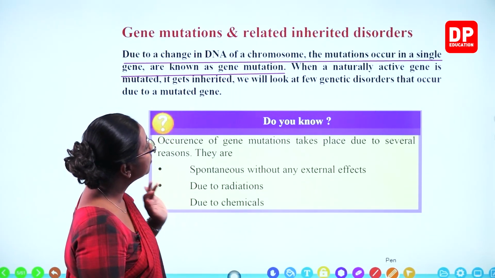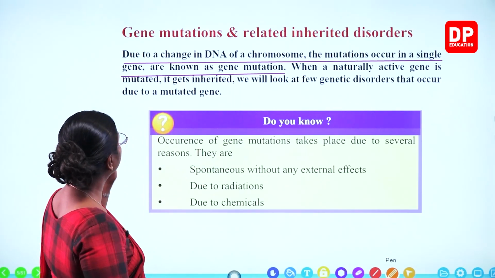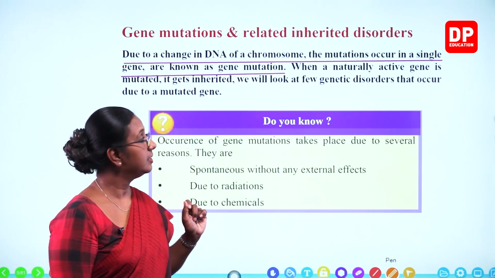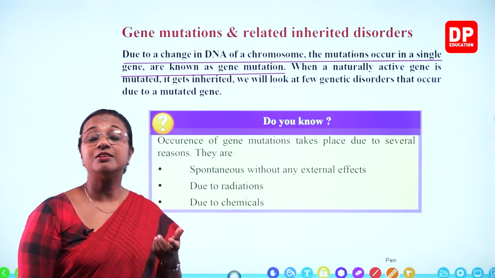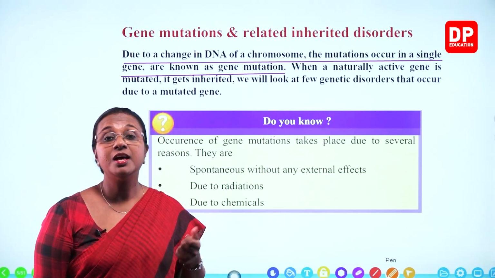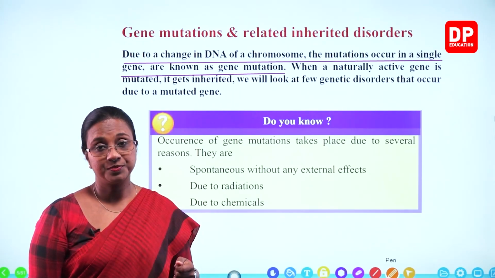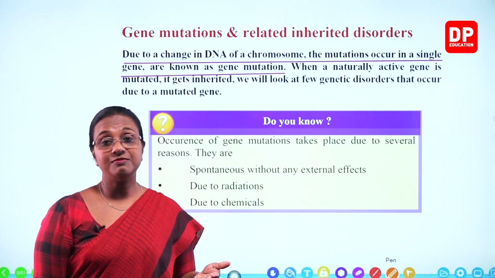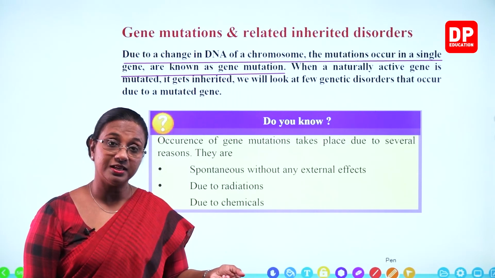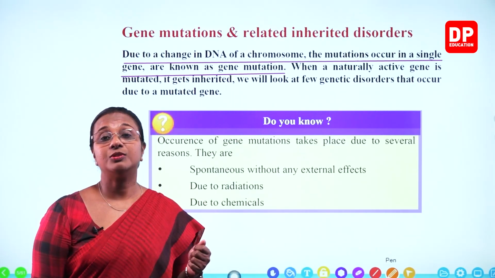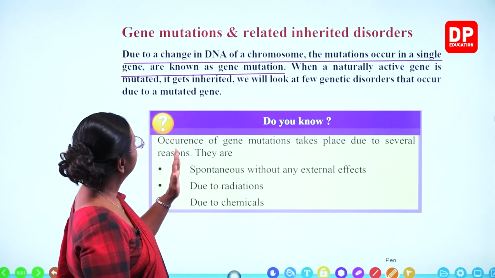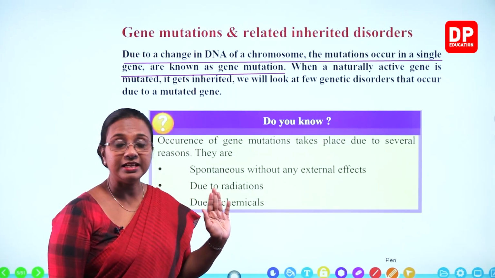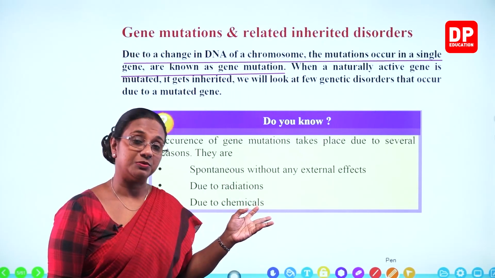We will look at a few genetic disorders that occur due to a mutated gene. A naturally active gene, like the gene responsible for the production of pigments in the skin, is an active gene. If that gets mutated, it gets inherited by the next generation. So these inherited disorders occur due to gene mutation.